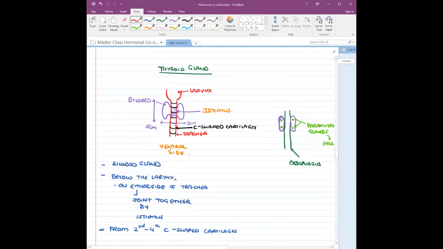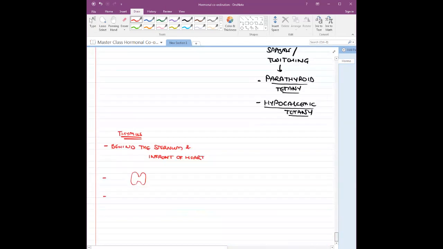Just remember I had spoken of the butterfly gland. So this is also known as the butterfly gland. Keep this in mind, it is asked in your NEET exams. Once again, this is also going to be a bilobed structure.